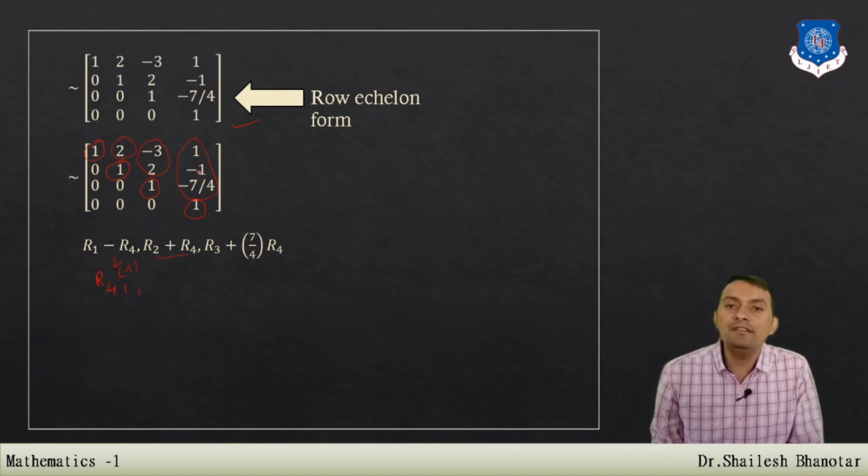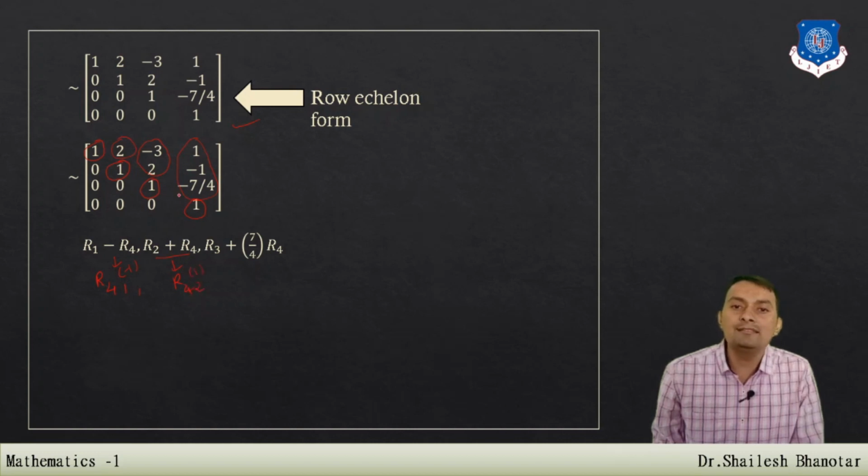From this, here also I want 0, so I have to multiply the fourth row by 1 and add to the second row, and therefore R2 plus R4, known as fourth row multiplied by 1 and added to the second row.